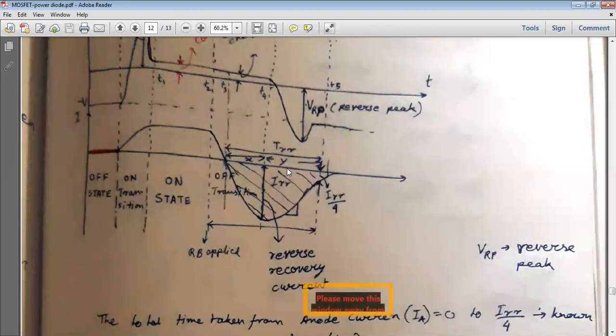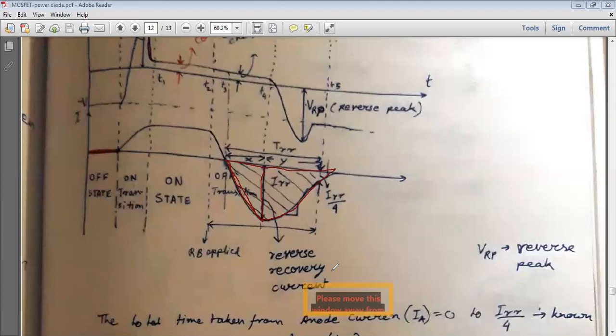Now you can see in this picture that this is like a triangle. Let us consider this as a triangle. So how can we get the area of this triangle?